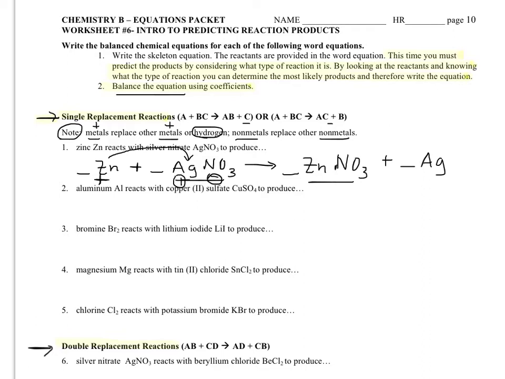You have to think back to Chem A. If we told you write the formula for zinc nitrate, you would go to the periodic table and look up the charge of zinc, and you'd look up the charge of nitrate on your list of polyatomic ions, and you would swap and drop. Remember that? You're going to have to think back to that.